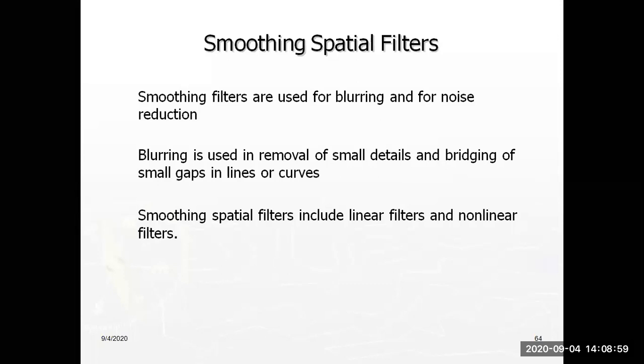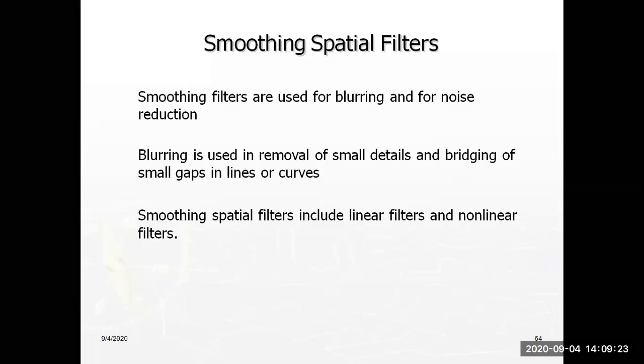Now we are in the spatial domain, so in the spatial domain, smoothing filters we have to discuss first. Smoothing filters are generally used for blurring and noise reduction. What is blurring? Blurring is generally used to remove small details or bridge small gaps in lines or curves.